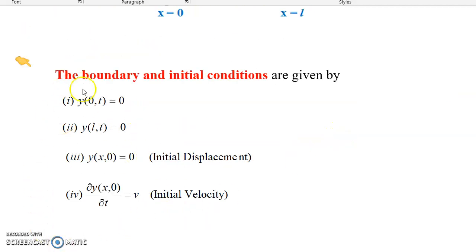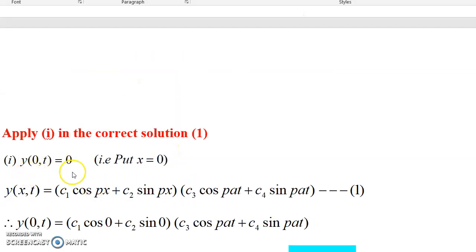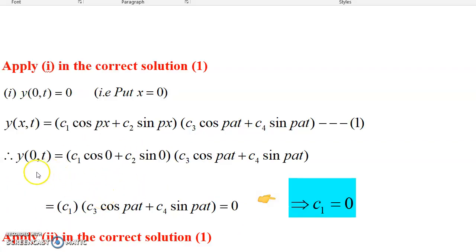Now let us apply these boundary conditions one by one. Take the first one, y(0,t) = 0. So what is y(x,t)? This is the correct solution. In that, put x = 0, and you get y(0,t). When we put x = 0 here, cos 0 is 1, sin 0 will be 0. So the answer of this term will be c1. The next term has t.